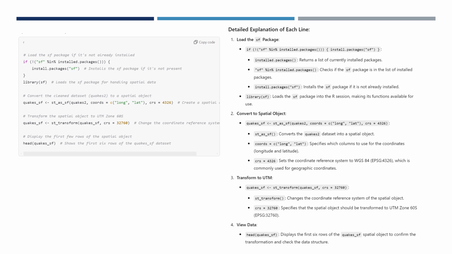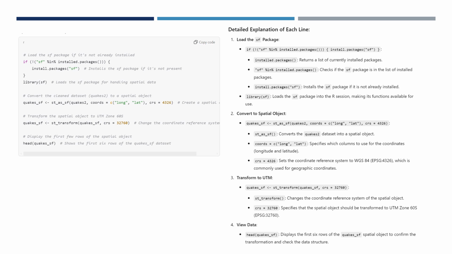And then it explains that the coordinates are, and it gives us the longitude and latitude, and specifies the columns that they use for those. And then the CRS, the coordinate number of 4326, which is basically the WGS 84 GCS coordinate setup.